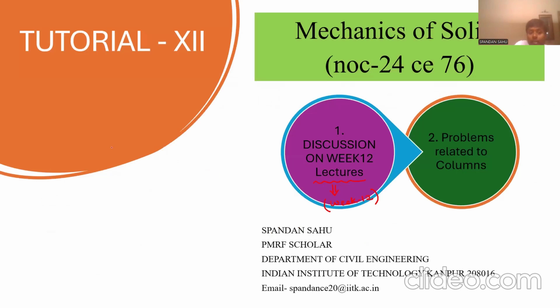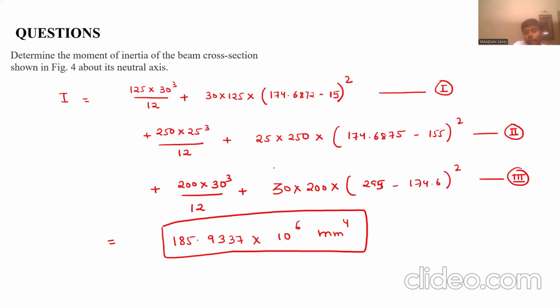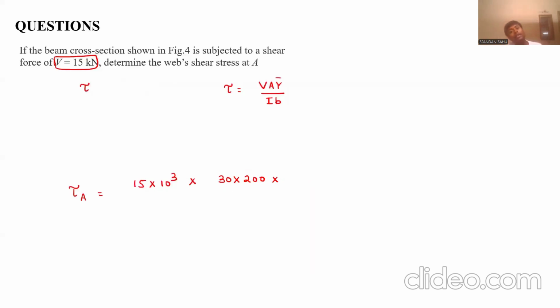So this hashed area will be nothing but 200 into 30. Correct?